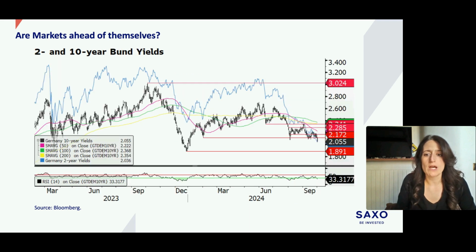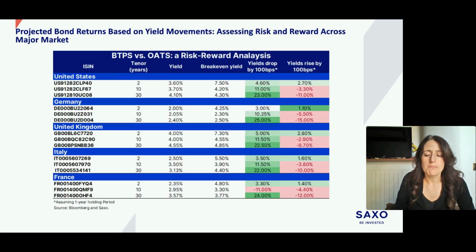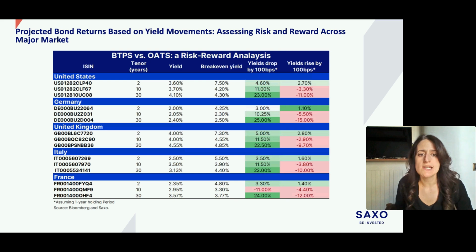The same we are seeing in Europe, with the 2-year shorts having fallen from 3.4% more or less last year down to 2%, and the 10-year bond yields having dropped from 3% to 2% now. So the big question is, are these yields appealing here and now?